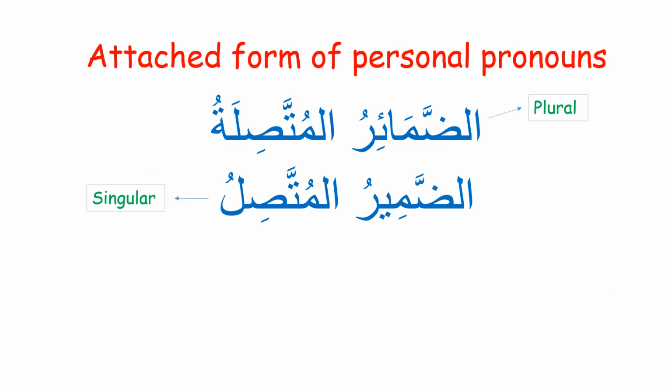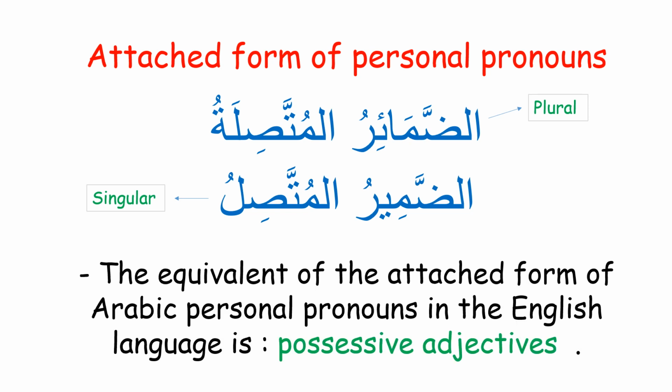This concept does not exist in English, isn't it? Well, yes and no. Let me explain. Even though the technical term and the way these pronouns are attached to words don't exist in English, they do have an equivalent, and that is possessive adjectives. Be careful, please. As I said, adjectives in English, not pronouns.